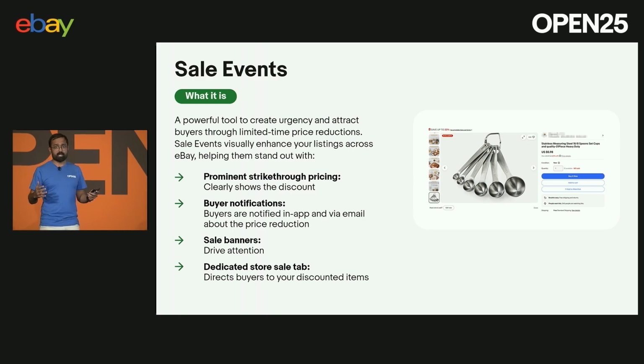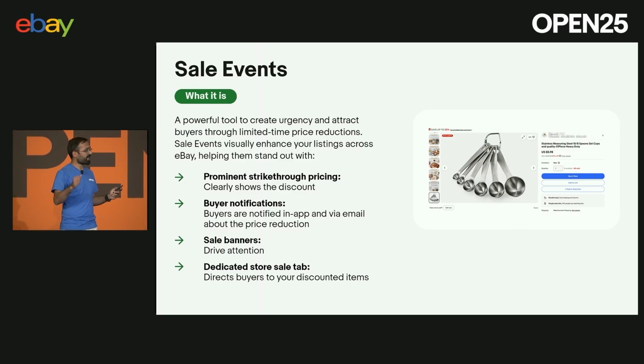So some of the ways sale events really show up are there's a prominent strike-through across homepage, search, the item page, cart, checkout. The prominent strike-through really gives transparency to buyers on what kind of savings and deal they're getting. More importantly, when you run a promotion, we end up sending notifications to buyers, an email or push notification notifying them that there is a price drop on a listing that they have shown interest in.